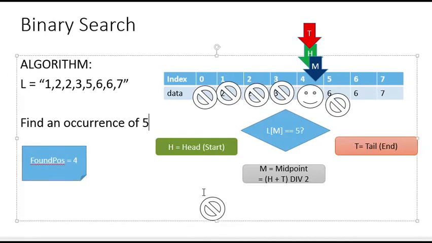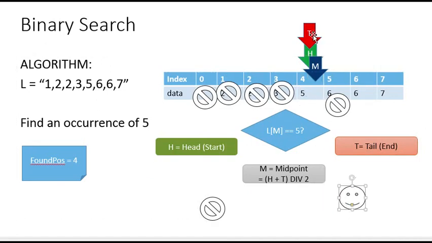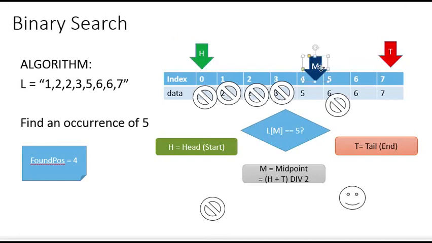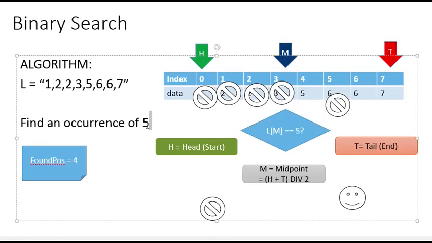Now, that's all good and well. What happens instead? So let's reset this to where it was, at the first time we did the search and we had our first miss. Let us suppose instead of searching for 5, we were now searching for the value of 4.